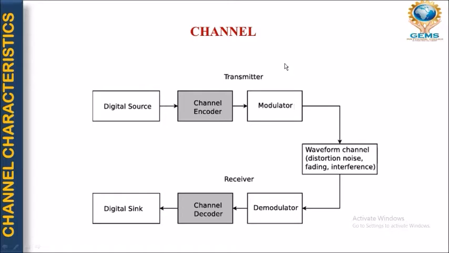This area is known as the transmitter, meaning the transmitter does all these activities. After encoding, the modulation takes place. Modulation means the information is superimposed on the carrier waves, and finally after modulation it is transmitted through some channel.